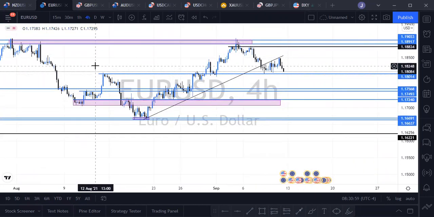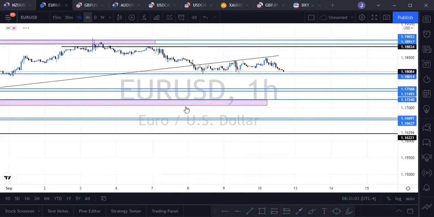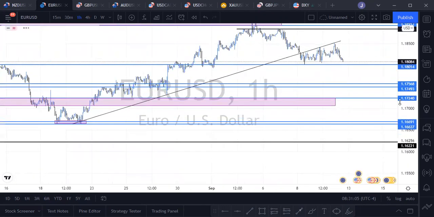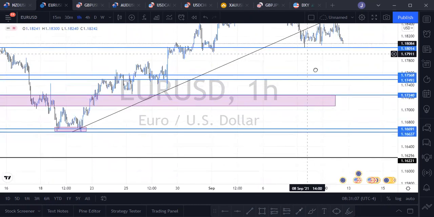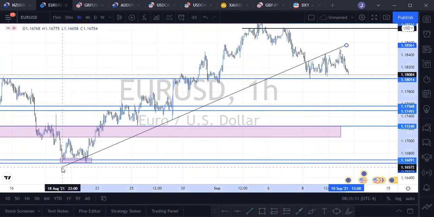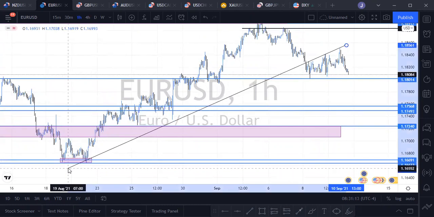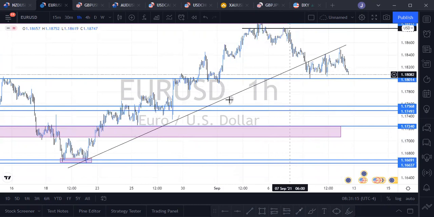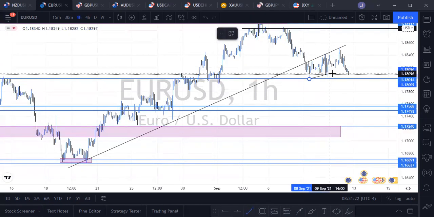Now let's go to H1 and see a clear view of it. Okay, here on H1, we have seen that the trend line has been broken out. Now we make use of another trend line here that can possibly give us another entry.